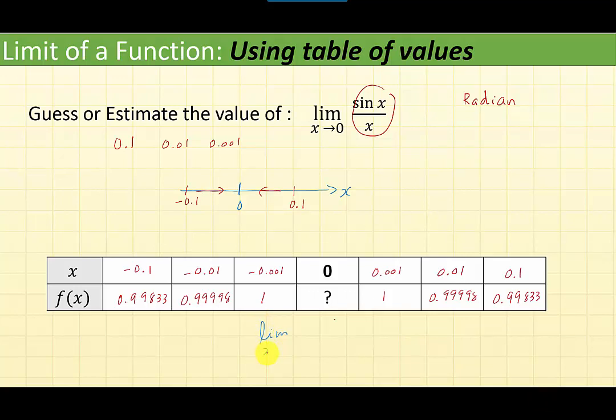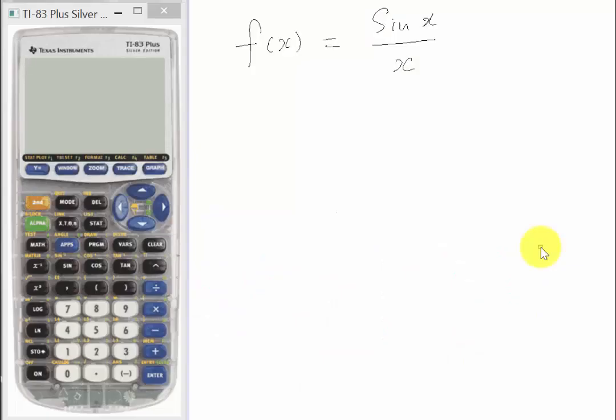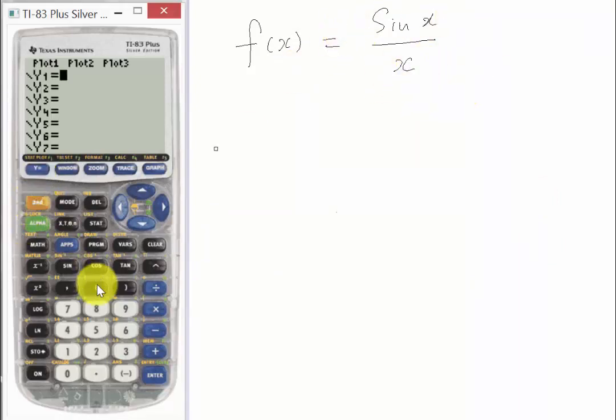Therefore, the limit as x approaches 0 of sine x over x is equal to 1. Now let's look at the graph of sine x over x. Here we go to y equals, enter the formula sine x over x, and go to window.